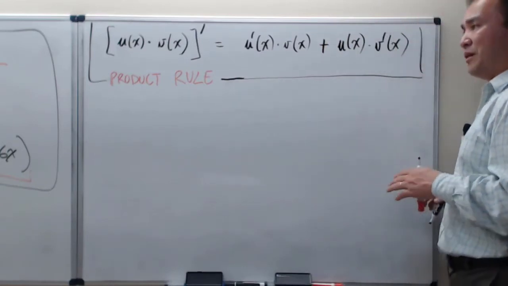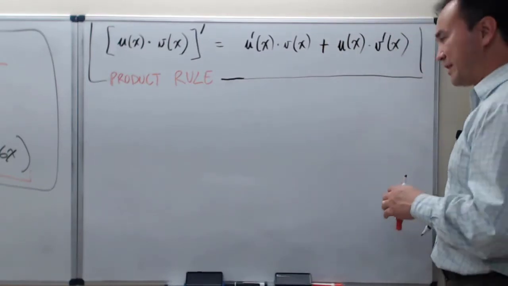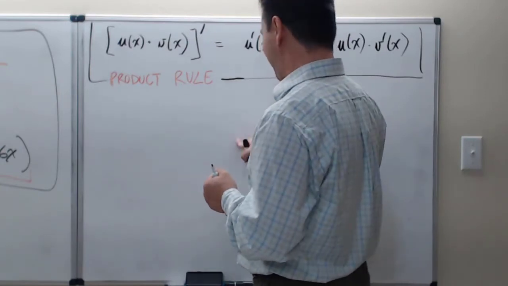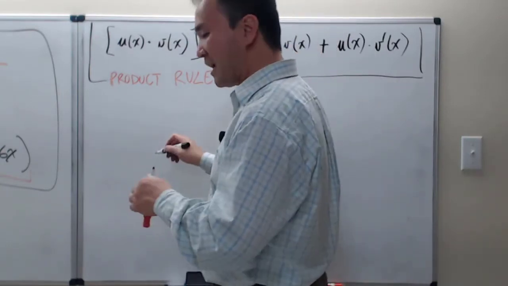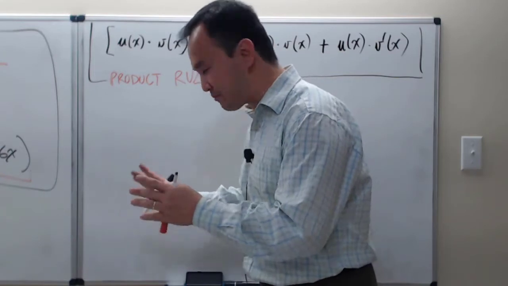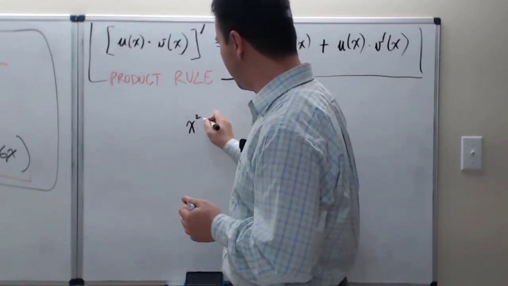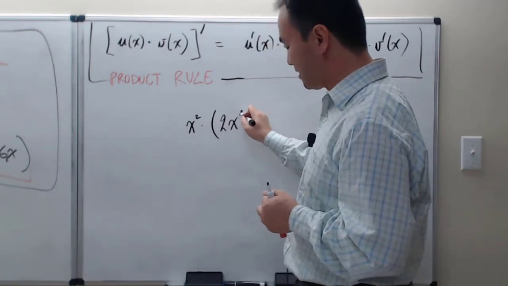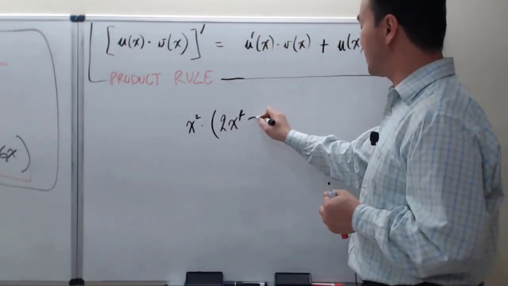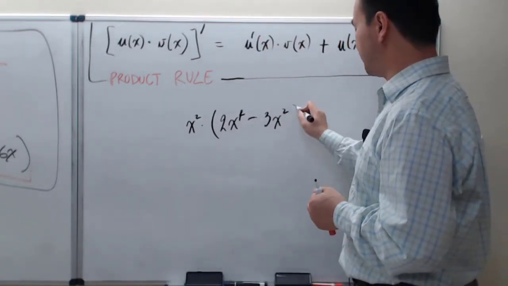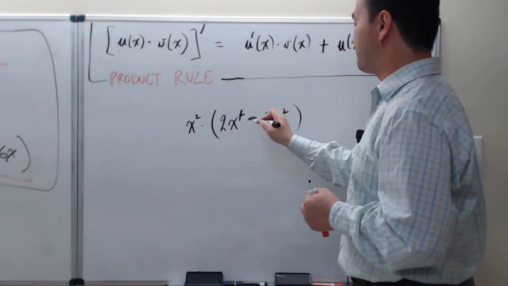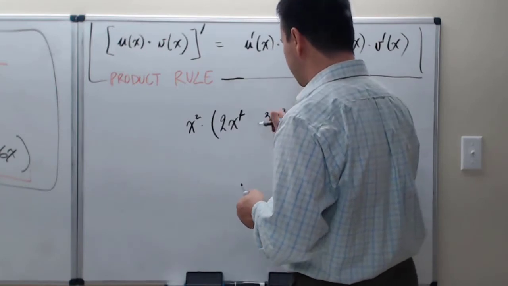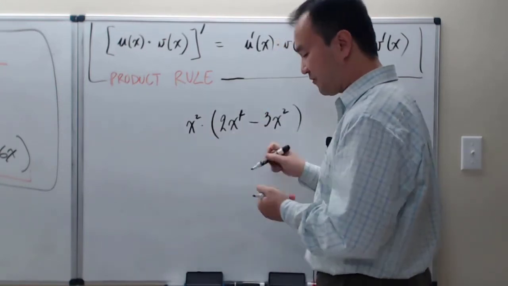And so now, in the way we discovered this rule, let's look back at the example we brought up earlier. Back to that very beginning problem that I brought up, x squared in product with 2x to the fourth minus 3x squared. Clearly, this is a product of two separate functions.